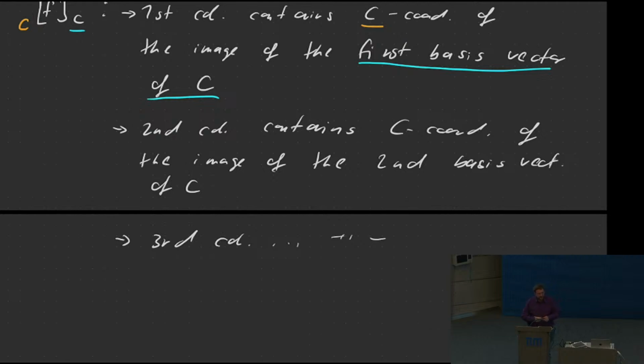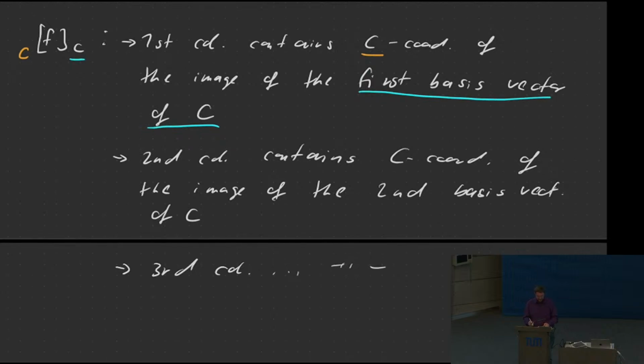So that's also a way you can use to compute that. You just need to take these basis vectors here, put them through F, so compute their image, and then take this image and compute the correct coordinates for that image, and you put those coordinates into the columns. That might be easier depending on how F is defined.